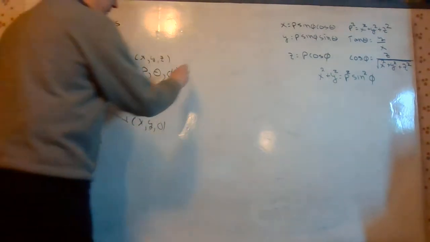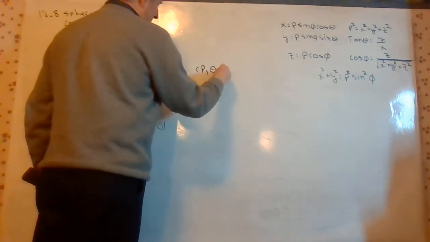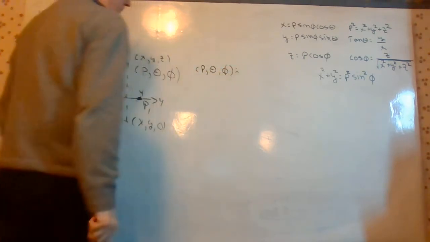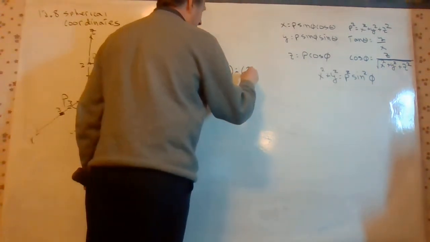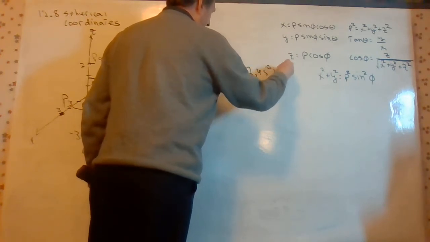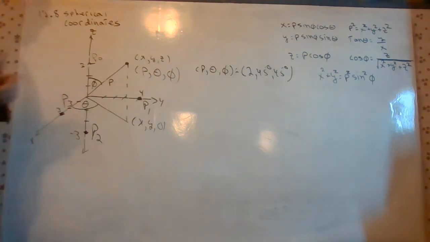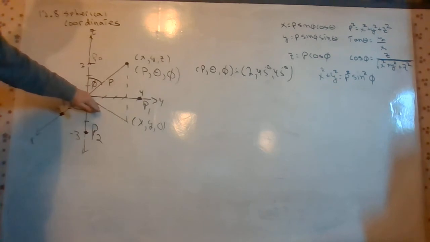Now let's suppose we have rho theta phi equals 2, 45 degrees, 45 degrees. Not that easy to convert that. We would be over 45 degrees, down 45 degrees.